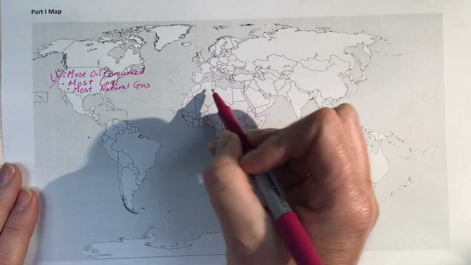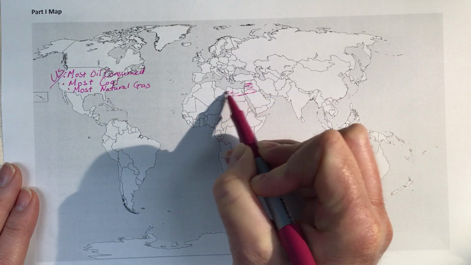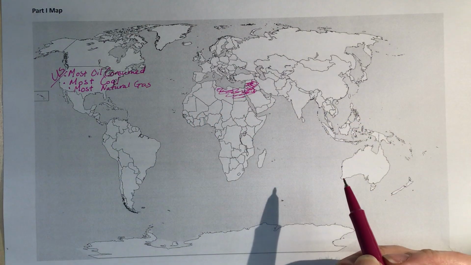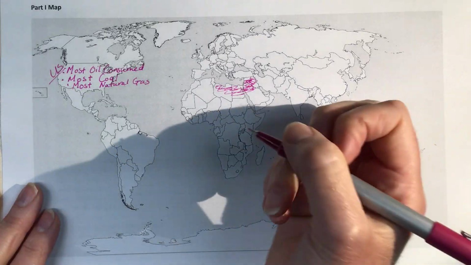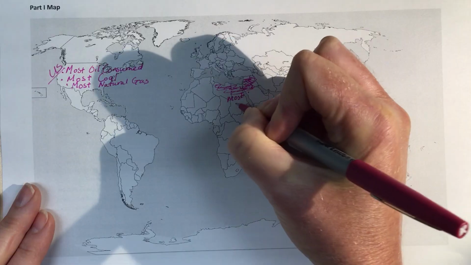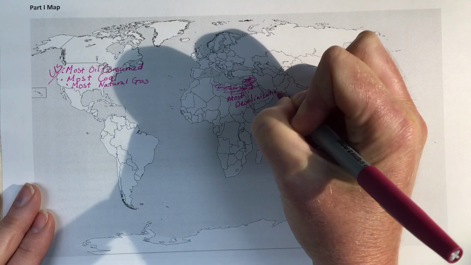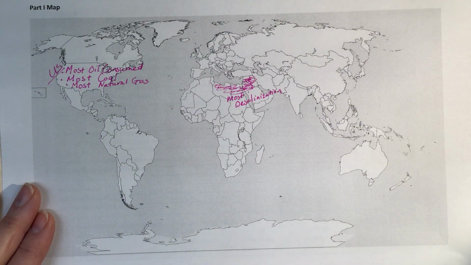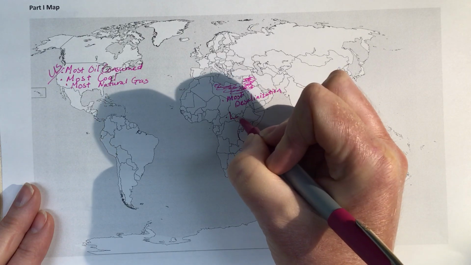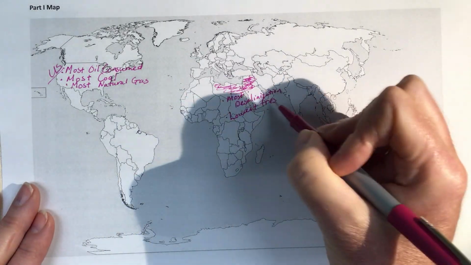This area here would be the Middle East and North Africa, and you're going to have the most desalination plants up here. It's also the lowest freshwater availability. Those things go together.